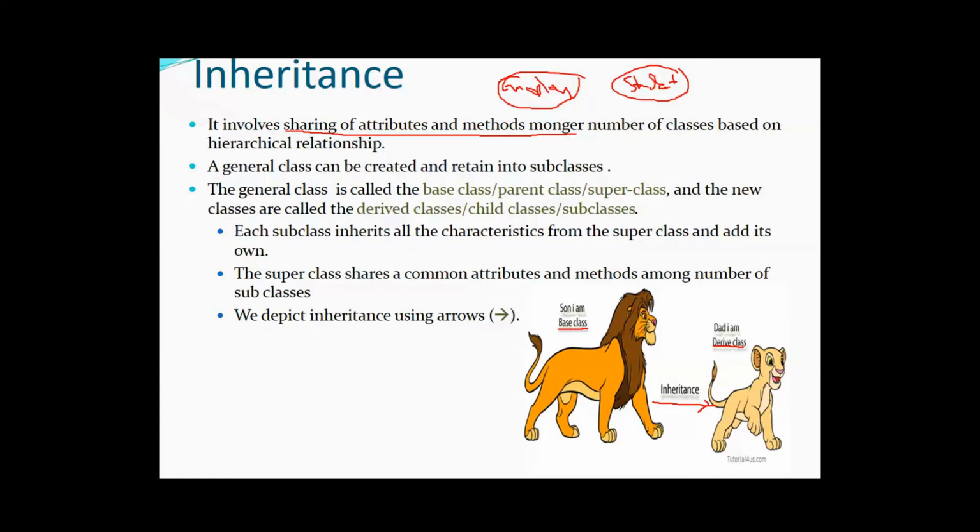So we call it person, for example. What kind of thing do they share? They share name, they share a mobile, they share some methods, attend, for example. So these can be shared between two objects or two classes. Okay, that's the meaning of inheritance: sharing attributes and methods among a number of classes using inheritance relationship.